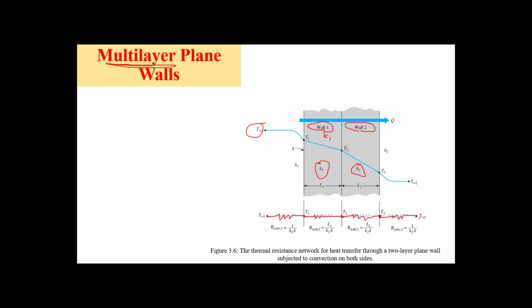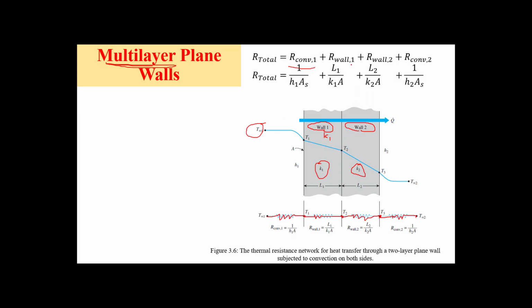If this is the arrangement of the walls, the resistances will be in series. So R total will be the summation of all resistances, if the walls are placed beside each other.